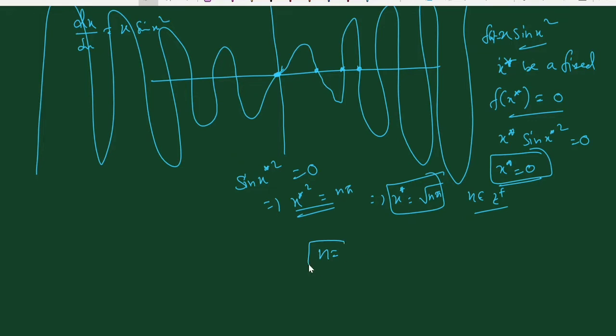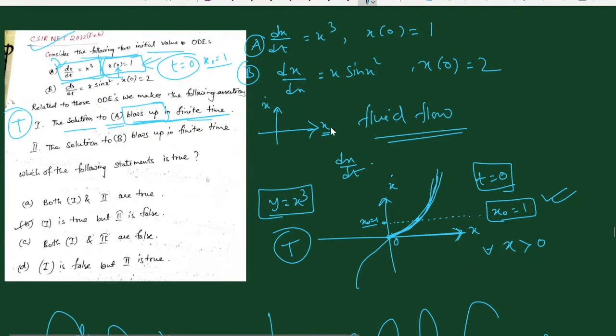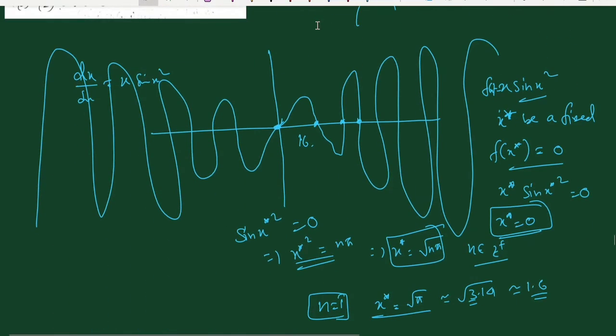Suppose for n equal to 1, the value of x* is root under π, which, since π is about 3.14, is nearly equal to 1.5 or 1.6. So this is the point, suppose 1.6. And the initial condition is given that x0 equal to 2.